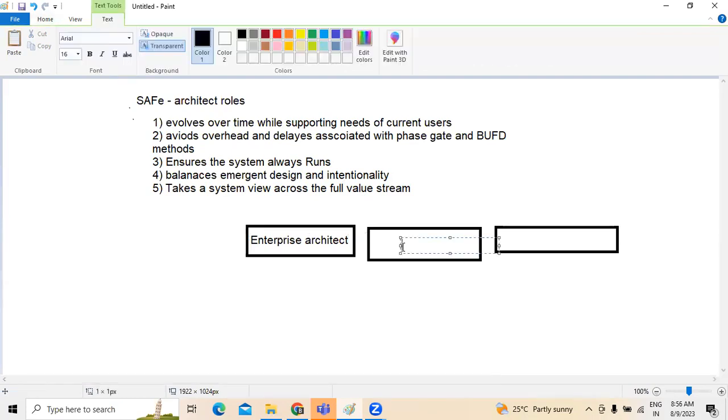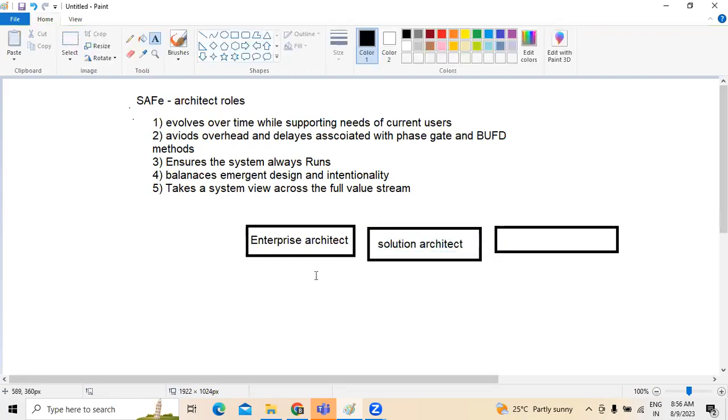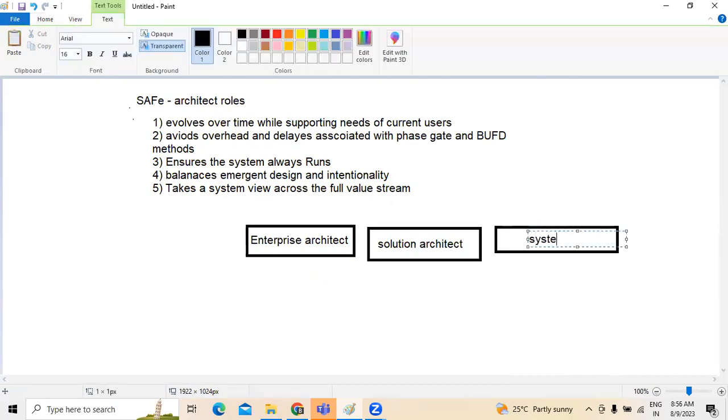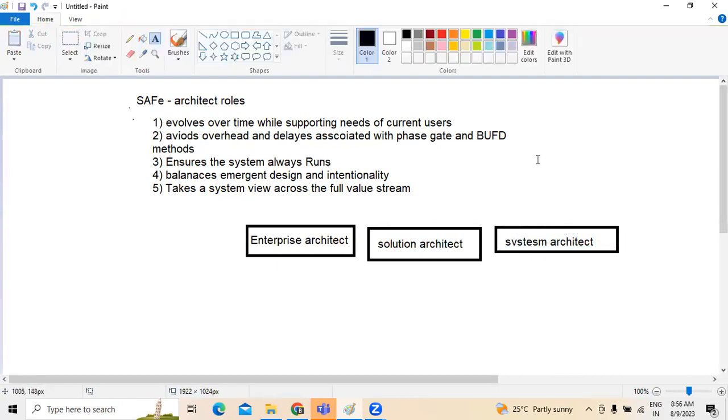The second one is called solution architect, followed by the systems architect. So these are the three different roles we can see in the Scaled Agile Framework.